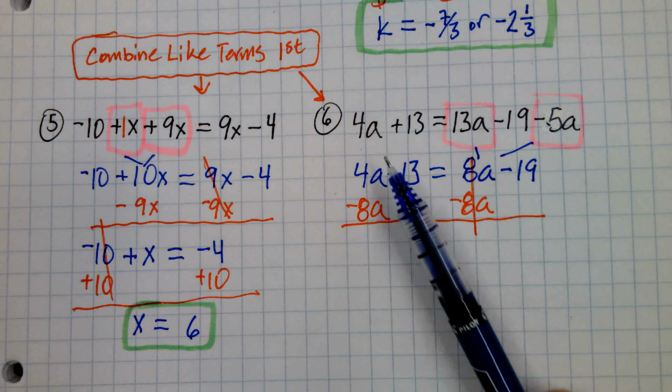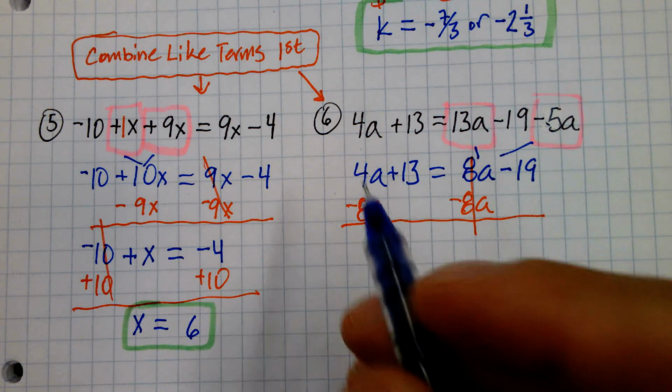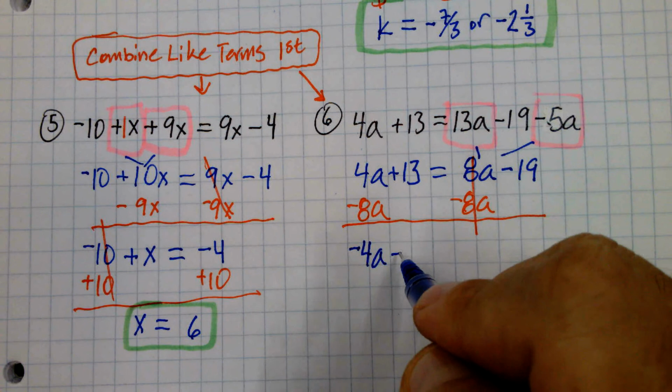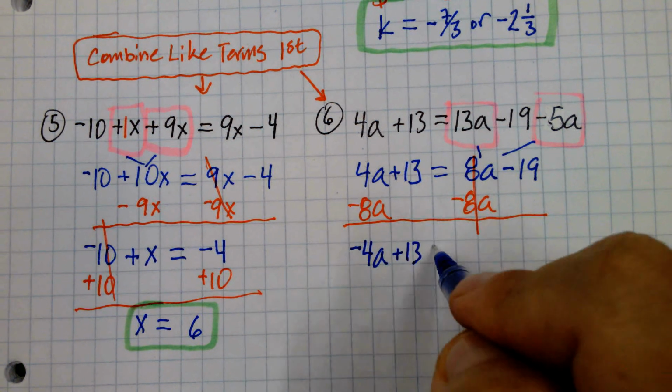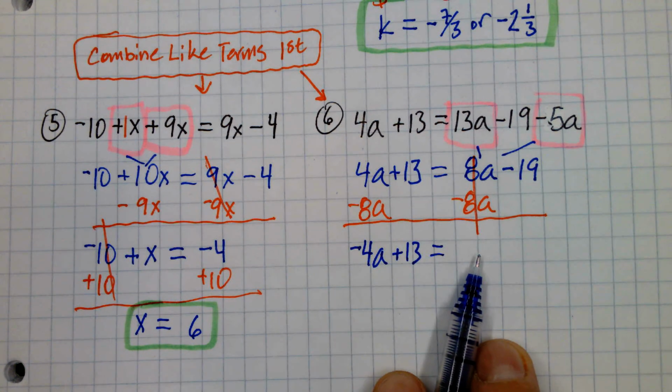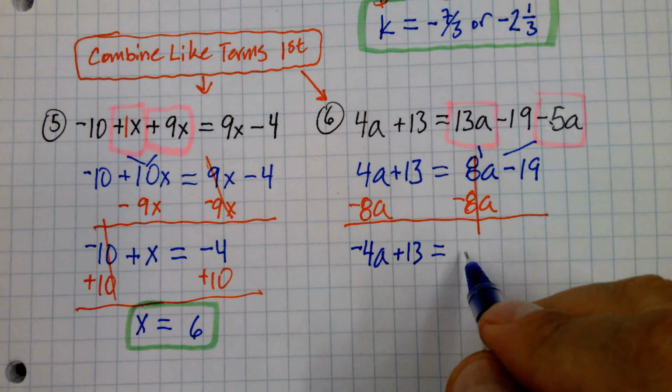I got 4 and negative 8. That's negative 4a plus 13 equals. What do I bring down on the right side? Negative 19.